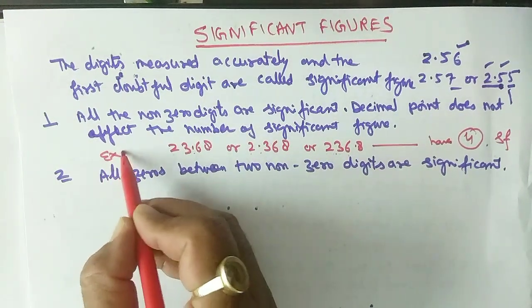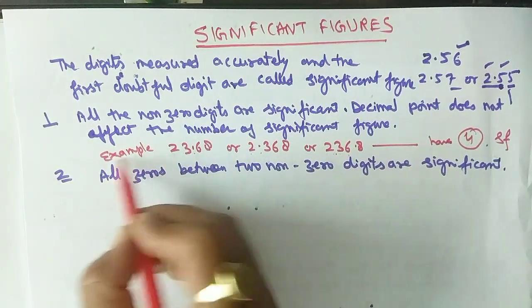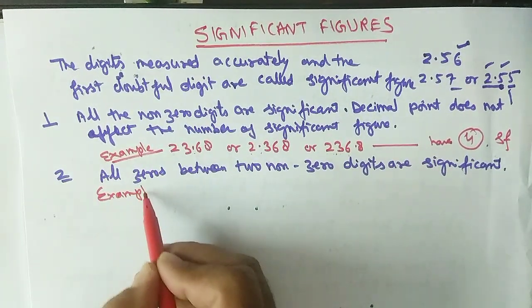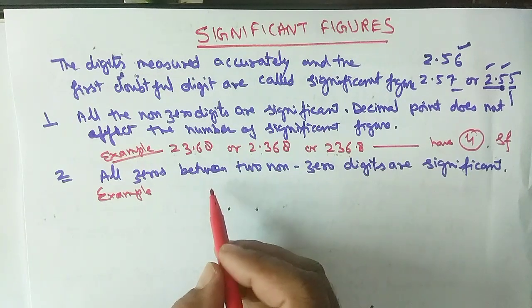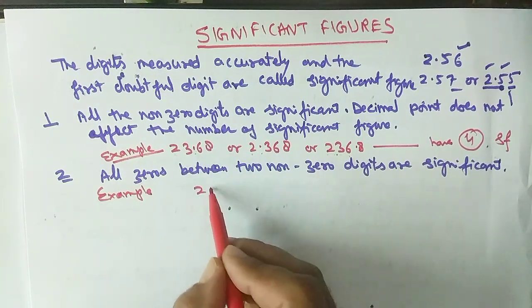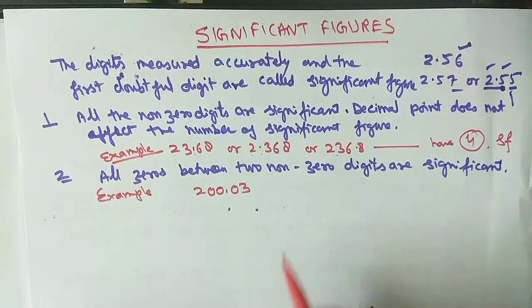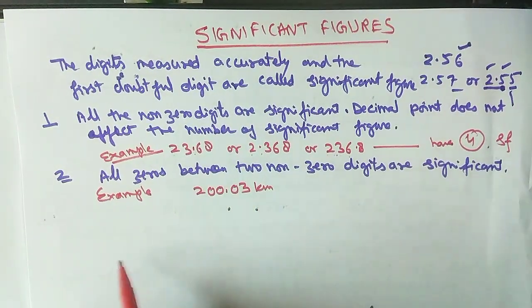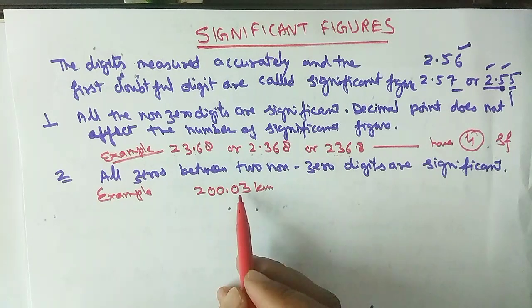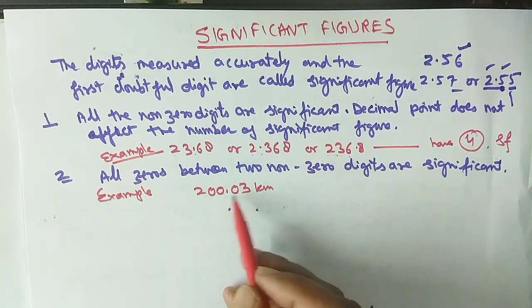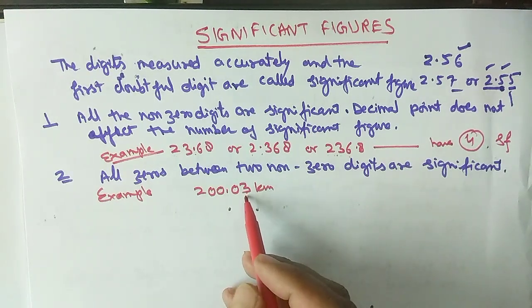Now see another example of this rule. Suppose I'm writing 200.03. So this value has 3 zeros, but these zeros are between two non-zeros. So these 3 zeros will be considered as significant.